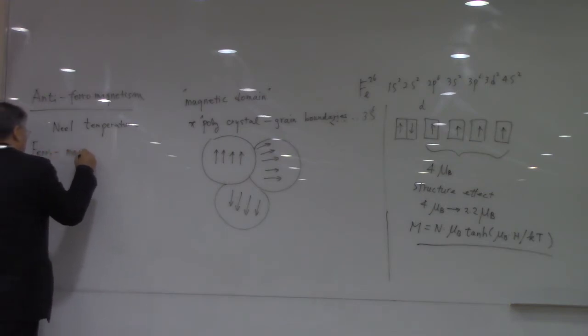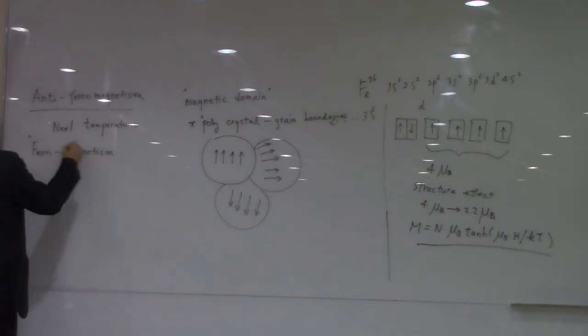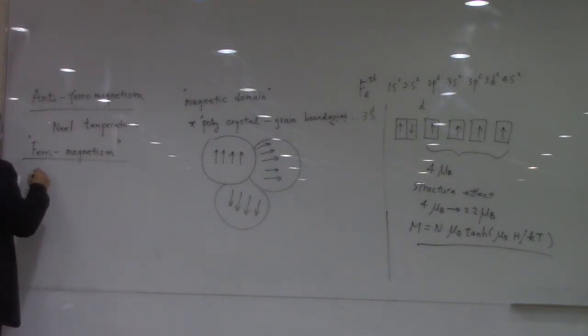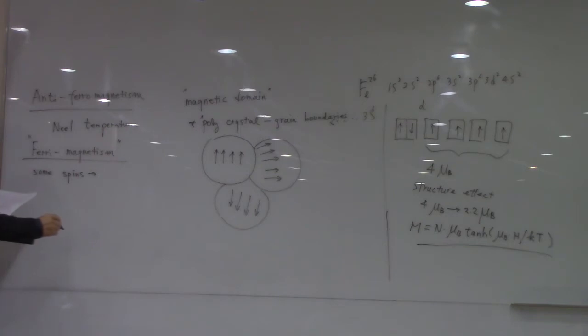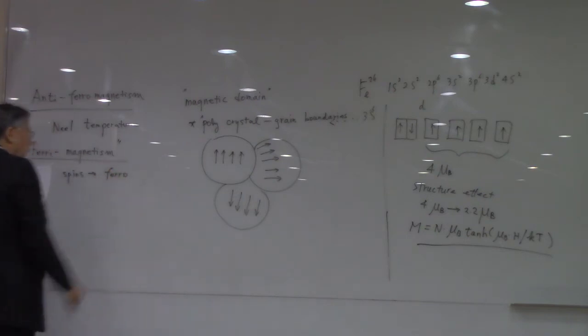Ferrimagnetism. Well, in the ferrimagnetic materials, some spins show a spontaneous lineup, parallel lineup, okay, like ferromagnetism.